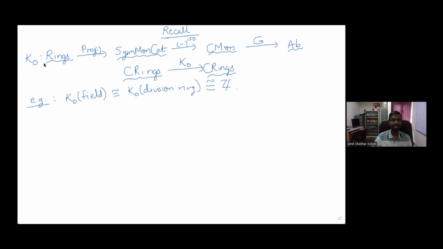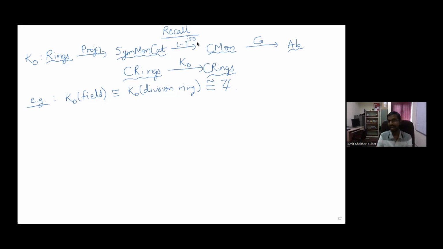Let's recall quickly what we did last time. We looked at an overview of what K theory is all about, a horizontal subject, and in particular we looked at the so-called Grothendieck group, which is defined for rings. We saw a 3-step construction: from rings, we restrict our attention to finitely generated projective modules to get symmetric monoidal categories.